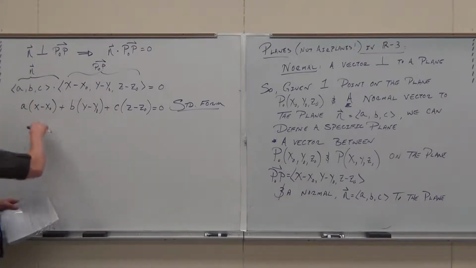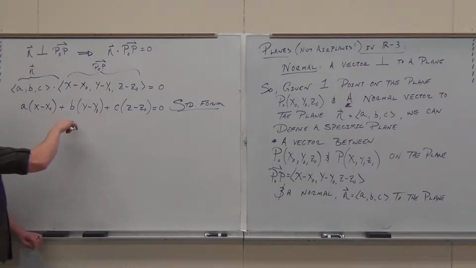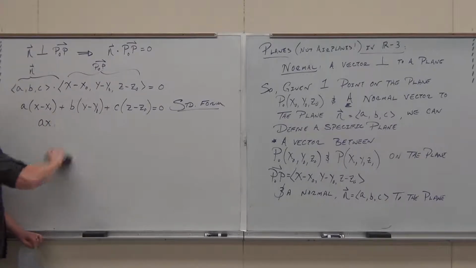If you distribute all this junk, I want you to jump down to here. What happens is we get this Ax. We get an actual number. Do you see it? I'll show you.